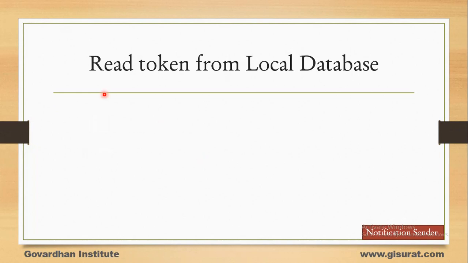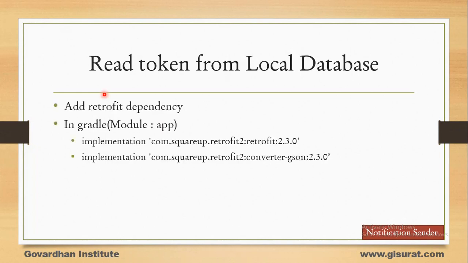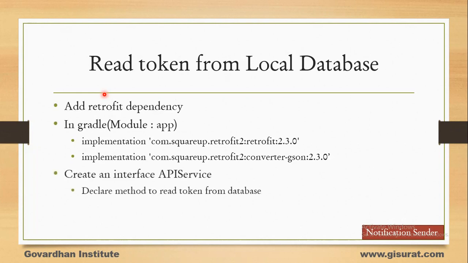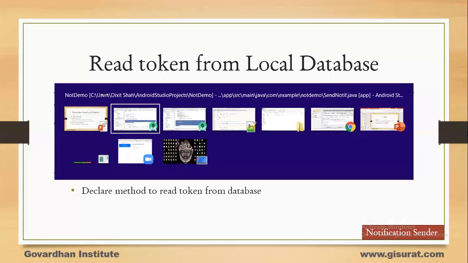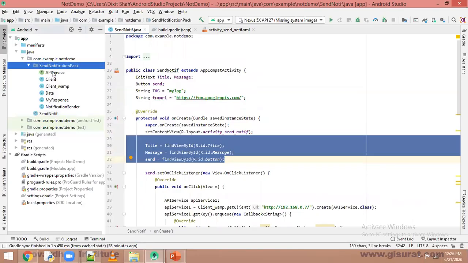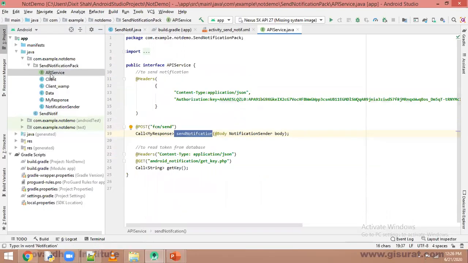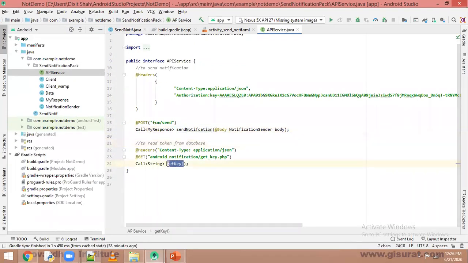For that, we will use Retrofit. So just add the dependencies. We already added them. Now create an API service interface. I create a package, and inside that create an API service interface. In that, I defined a function get. Now guys, who is responsible for reading the data from the database?